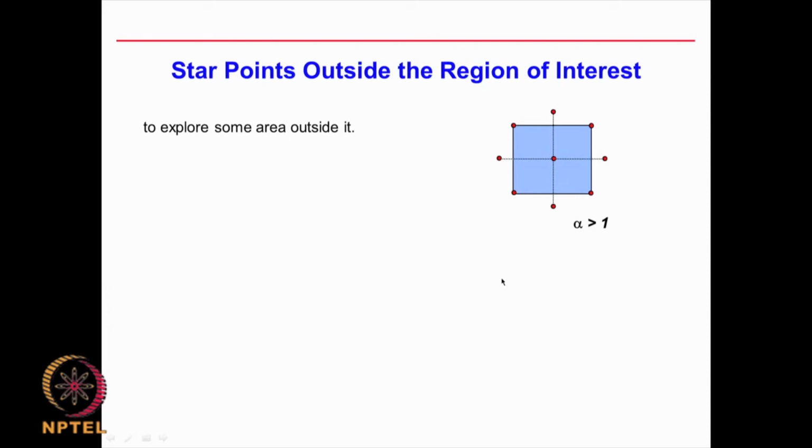So, let us go back. Suppose we have a 2 by 2 system, that is 2 raised to the power 2, 2 factors only, you have 4 experiments at the corners, that is the factorial points, then 1 experiment in the center, and then you pick up 4 experiments outside this square. This we call alpha, alpha greater than 1.